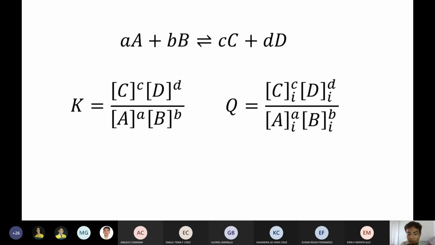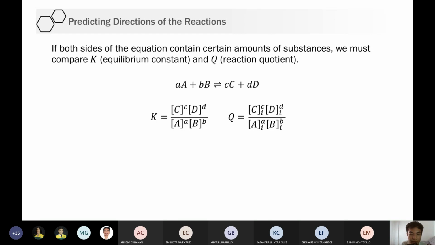Tapos, ang gagawin mo, kunwari, given yung K, tapos given yung mga concentrations initially, you solve for Q. Then after that, you compare the Q with K. By comparing Q and K, you can predict where the reaction is going.